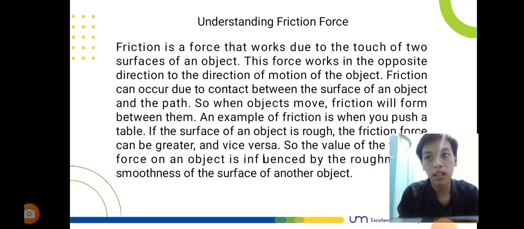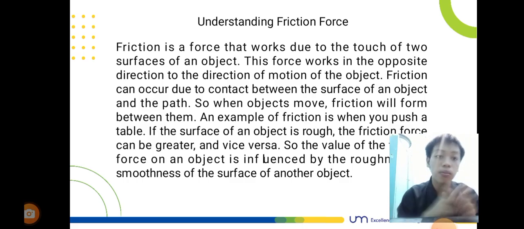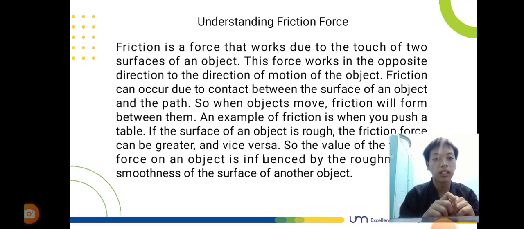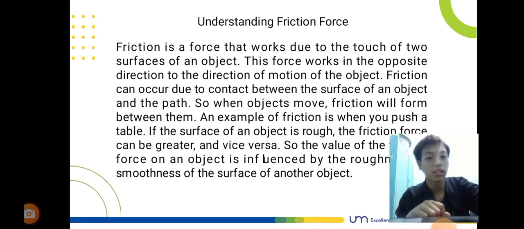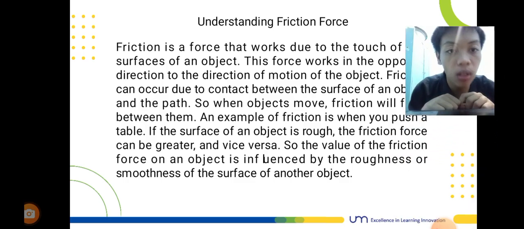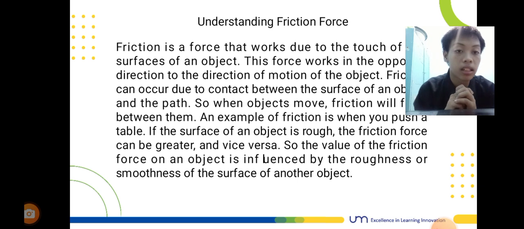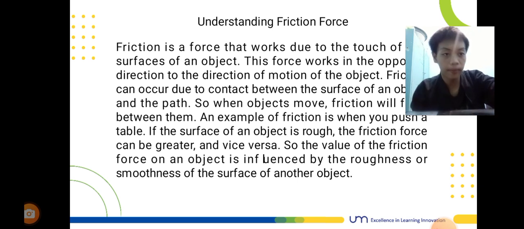An example of friction is when you push a table. If the surface of an object is rough, the friction force can be greater, and vice versa. So the value of the friction force on an object is influenced by the roughness or smoothness of the surface of another object.